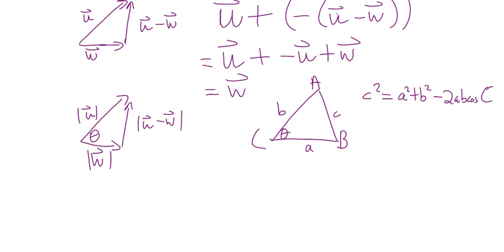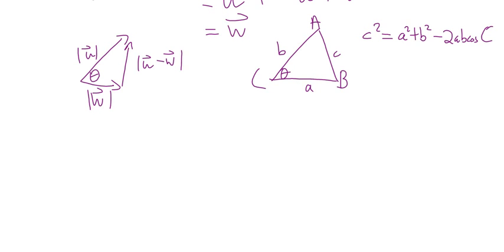Let's apply this to this triangle here. So what will it become then? What's little c over here? Magnitude of u minus w squared is equal to, what's little a? Well, let's just stay in alphabetical order.